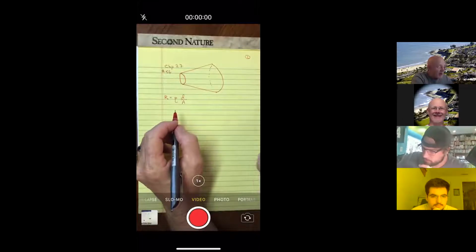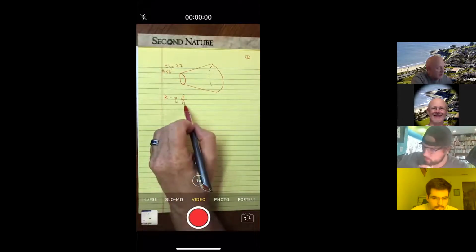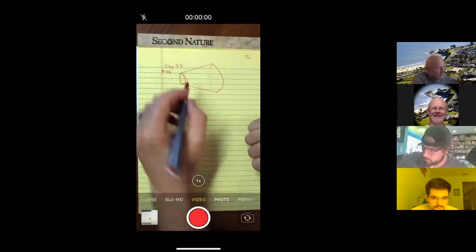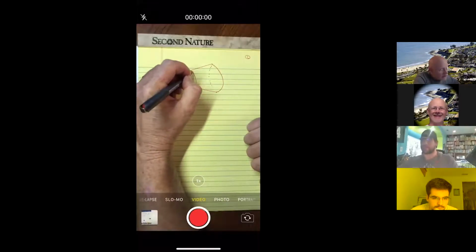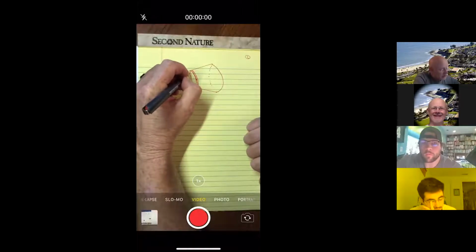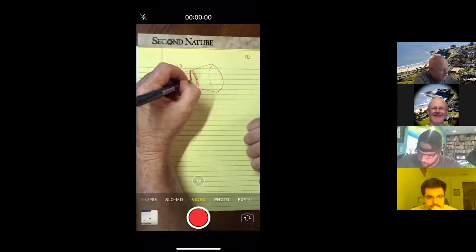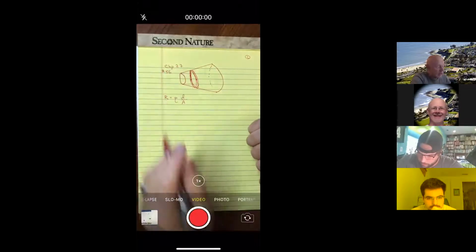And so here's how I want to think about this. Since it has to do with the area, and this area keeps changing, let's think of this cone as a slice or a bunch of slices, little coin-shaped objects.